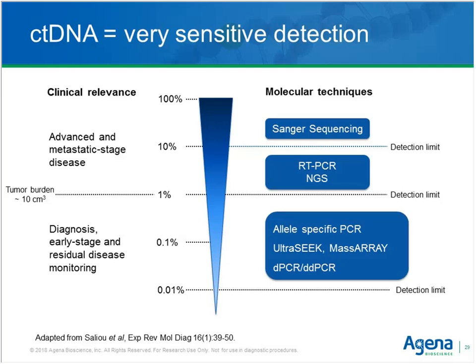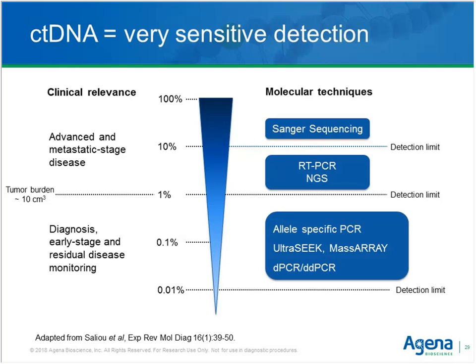But when you go to the lower half of the image, when you want to perform analysis of liquid biopsy, then, as we said initially, due to the high amount of non-tumor, so wild-type, DNA in your sample and the low percentage of ctDNA, so tumor-derived material, you need to achieve a sensitivity well below 1%, probably in the range of 0.1% or even lower.